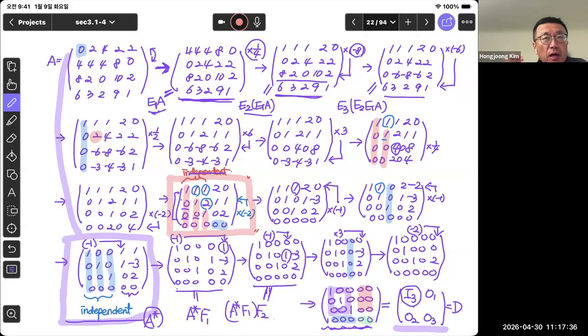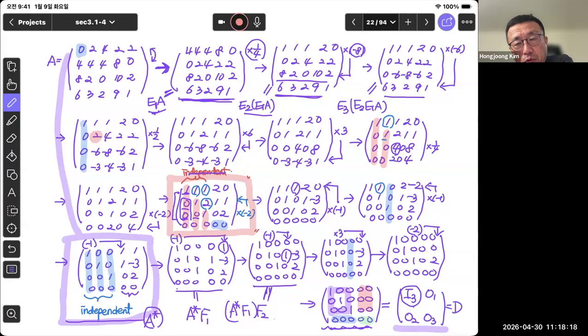The first row is not a linear combination of the second and third rows, because the second and third rows have zeros in the first column, but the first row has a non-zero entry 1. And the second row is not a linear combination of the third row. So all three rows are linearly independent, and the rank is 3.